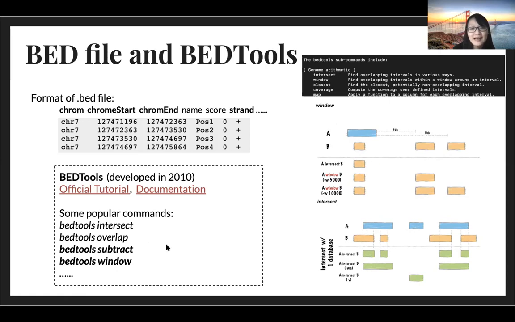I like how BEDTools gives you an illustration to tell you how each subcommand works. They also give you small examples of what will be in file A, what will be in file B, and what will remain after your command. So if you ever get confused about BEDTools, definitely take a look at their documentation by searching the name of the subfunction.